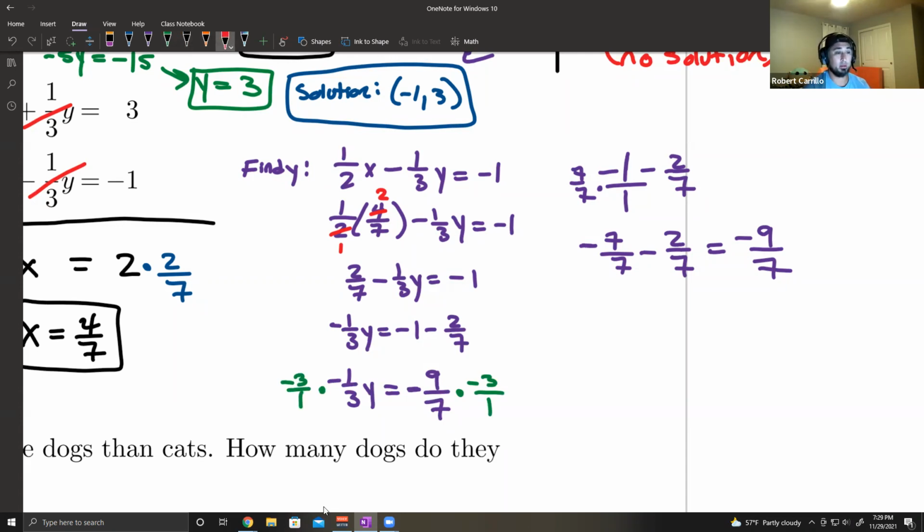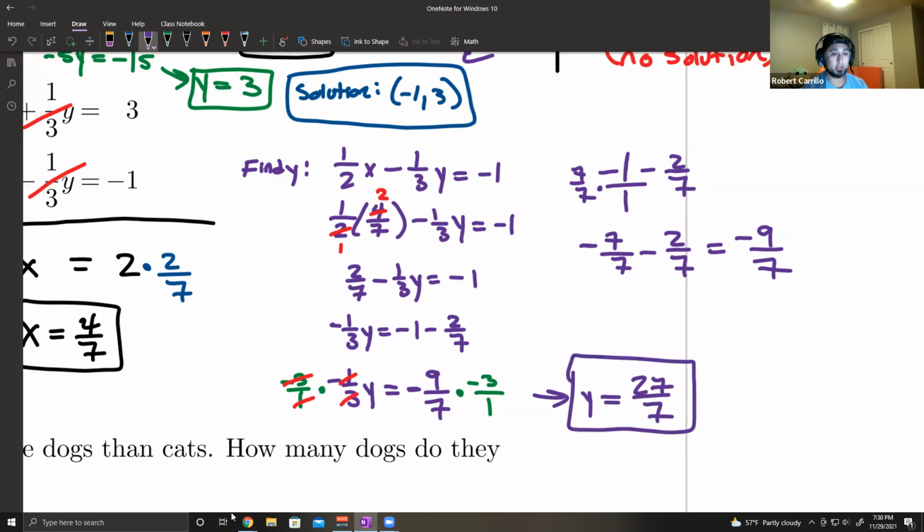And cancel, cancel, cancel, cancel. We get left with y equal to, and then over here you have 27. So -9 over 7 times -3 over 1, we get positive 27 over 7.